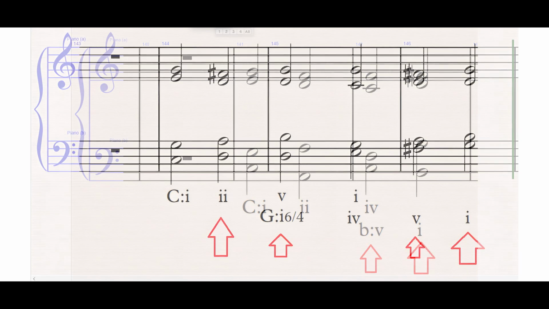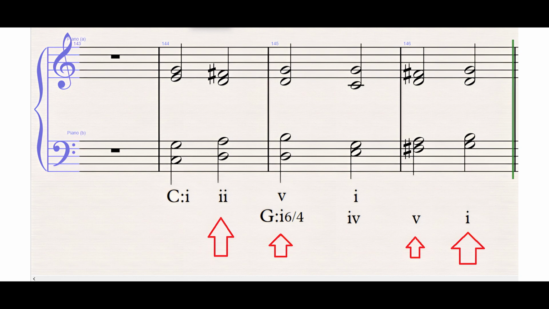Another one is chromatic modulation. In this type of modulation, we use a chromatic transformation of any note in the original tonality. This transformed chord functions as the dominant of the destination tonality. After that, we may use the tonic of the destination tonality, but in inversions.